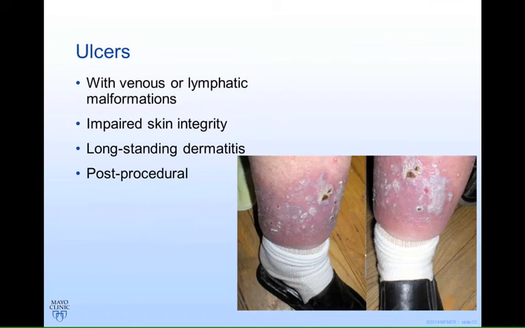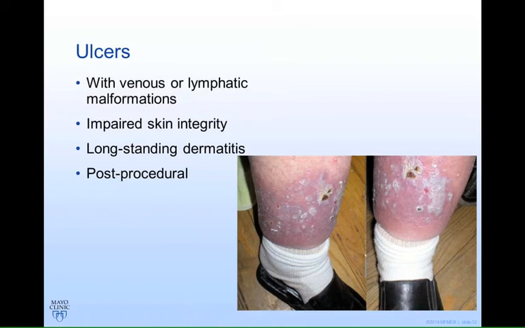Ulcers can be a very big problem. I wish that I had a magic treatment or a universally effective treatment for ulcers, but it really is very dependent on each person. But we see ulcers mostly in the setting of a lot of swelling, mostly with the venous or lymphatic malformations with that impaired skin integrity. Long-standing dermatitis that's not under good control can lead to ulceration.